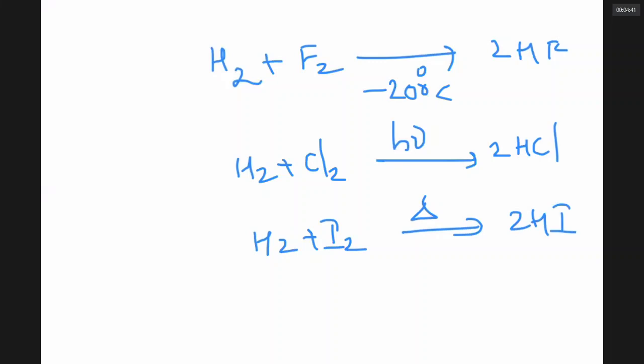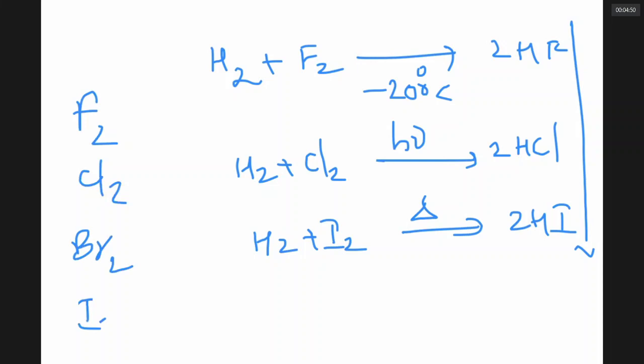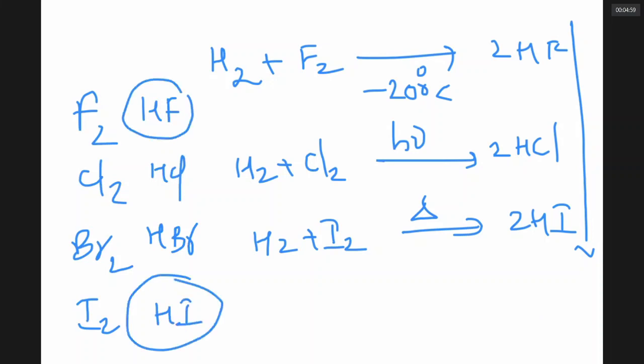It means ease of preparation of HX is decreasing down the group: fluorine, chlorine, bromine, iodine. Ease of formation of HF, HCl, HBr, HI. HI formation is difficult. HF is very stable, HI is unstable.